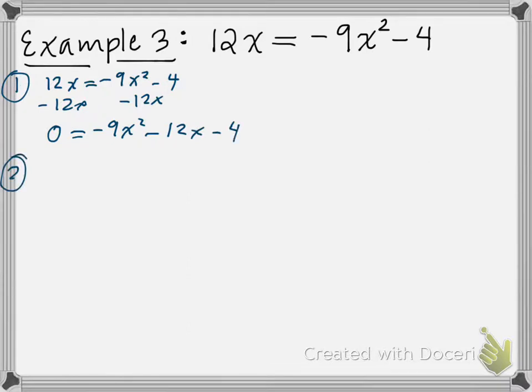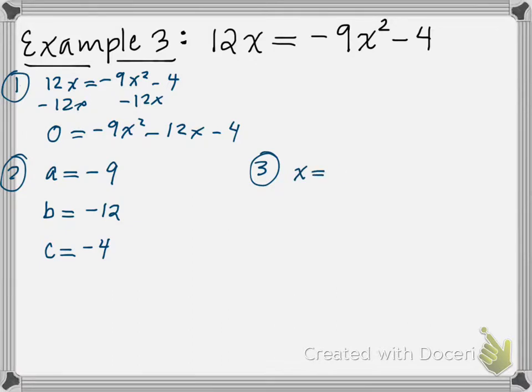So my next step, I'm going to identify A, B, and C. I'm not going to color code this time, because you don't necessarily need to color code each time, but it's always a good idea to help us see and not make a mistake. Okay, so A is -9, B is -12, C is -4. Now I'm ready to plug into my formula.